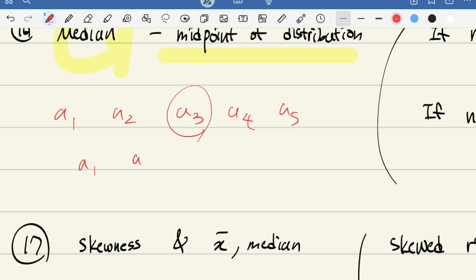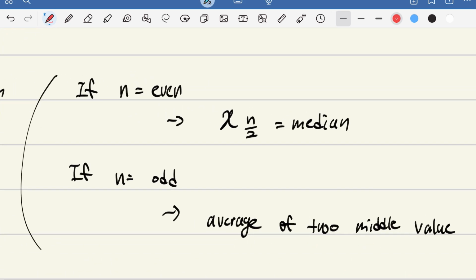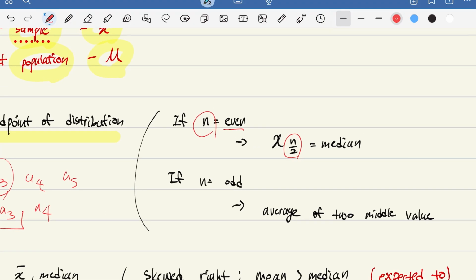And when there's a dataset A1, A2, A3, A4, then the average of the middle two, A2 plus A3 over 2, would be the median. To make it simple, if the number of values is even, you take the two middle values located in that order and average them.